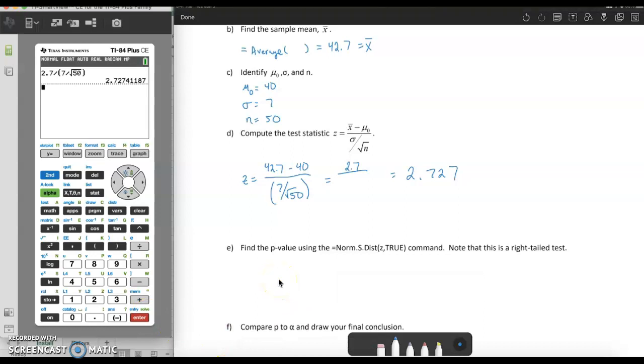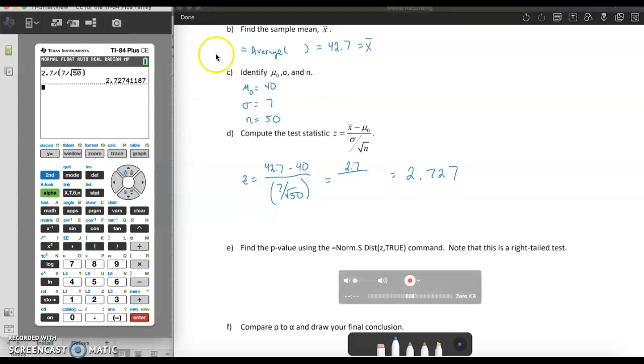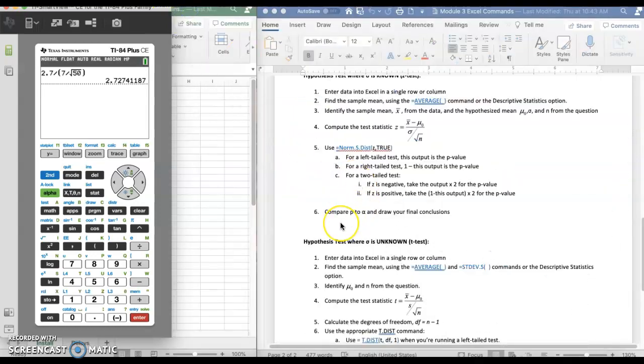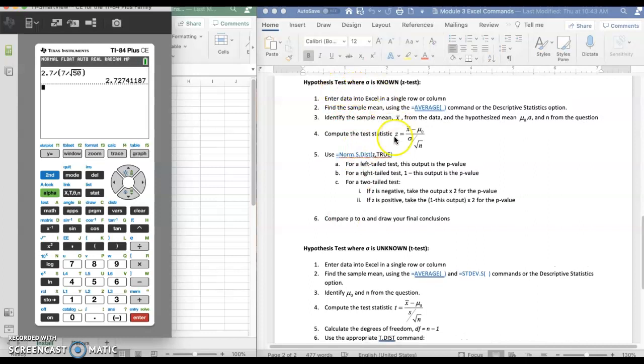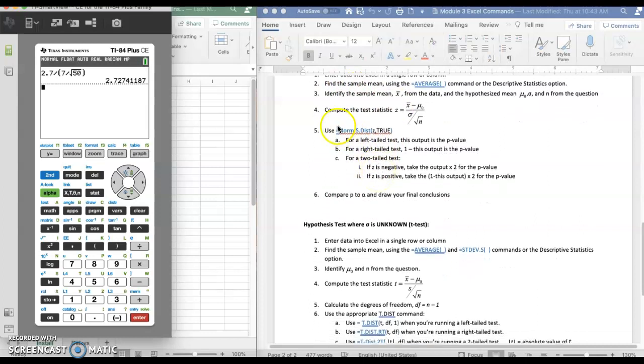Now we are going to find the p-value. How you find the p-value here is determined by, I'm looking at our Word document for how we perform these hypothesis tests. So you're always going to use the equals norm.s.dist, and it takes 2 values.